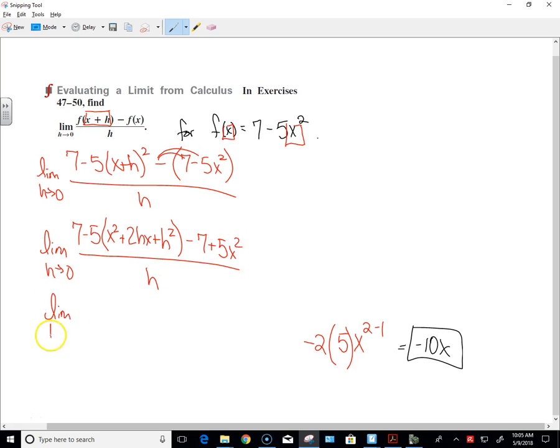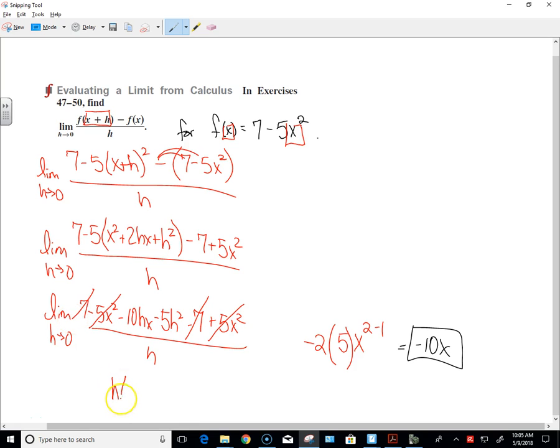Then I would have had the limit as h approaches 0 of 7 minus 5x squared minus 10hx minus 5h squared minus 7 plus 5x squared, at which point you hopefully would have seen that the 5x squareds cancel. The 7's cancel. And these two terms, what do they both have? An h. Cancel it out.